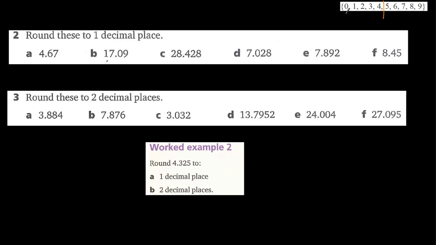If the digit ends, of course I'm talking about the decimal place, if the digits end with 0, 1, 2, 3, 4, we are going to round down. If it ends with 5, 6, 7, 8, 9, we are going to round up.